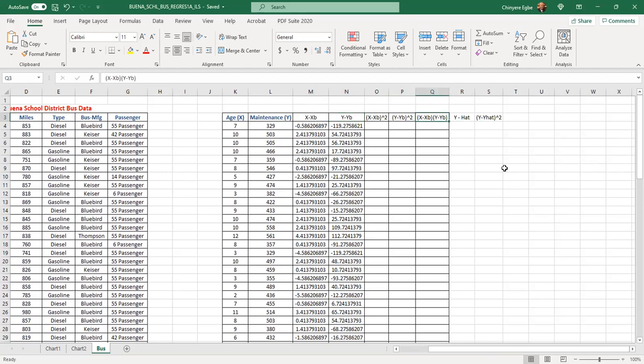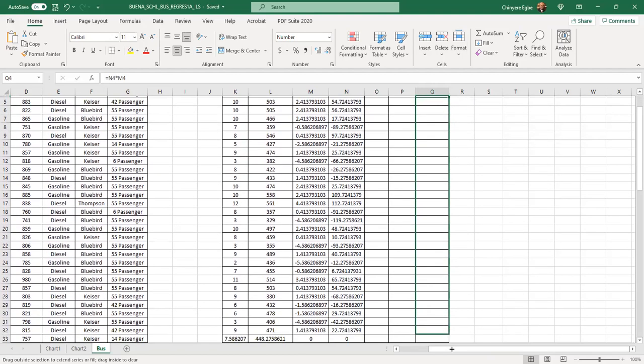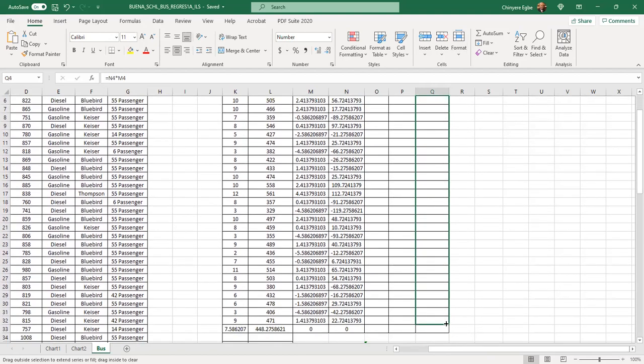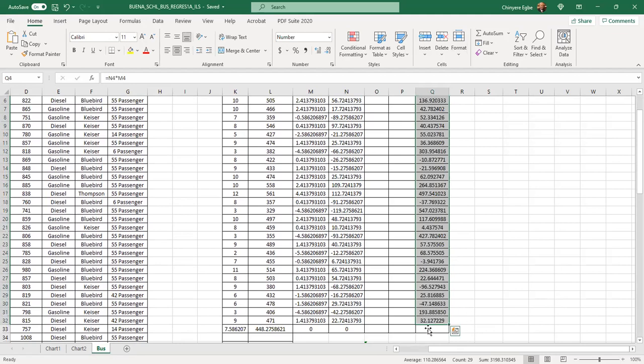We say this equals N4 times M4. We multiply the two, and then we sum, so we get that summation.